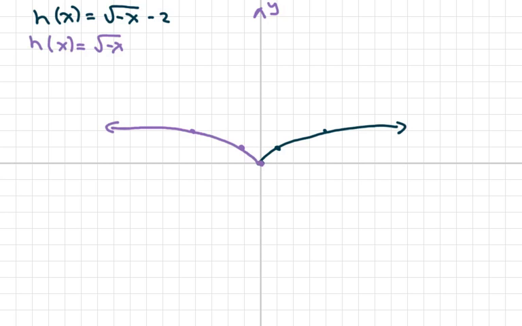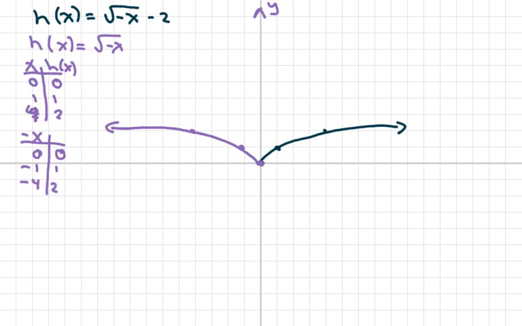And so what we have for our table of values on this part is originally we had 0, 1, and 4, which mapped to 0, 1, and 2. And when you do the negative x, you just change the values. So we had negative x, which could be 0, negative 1, negative 4, but you kept your y values the same.